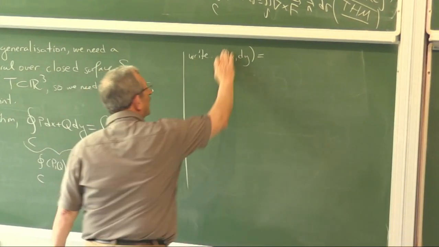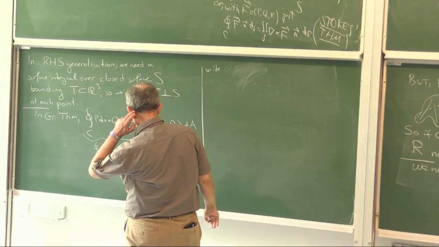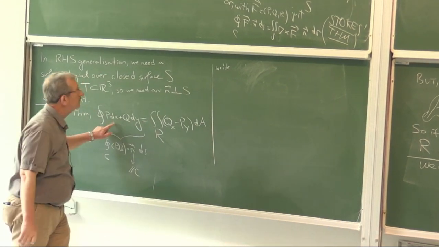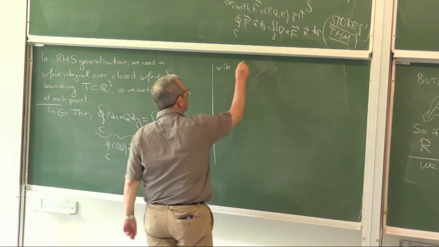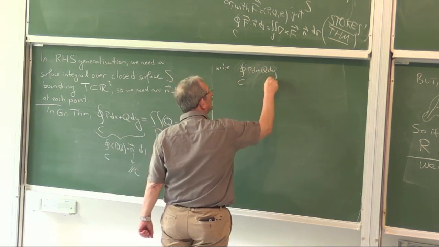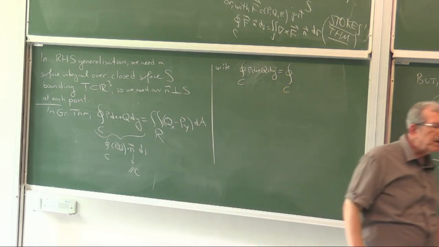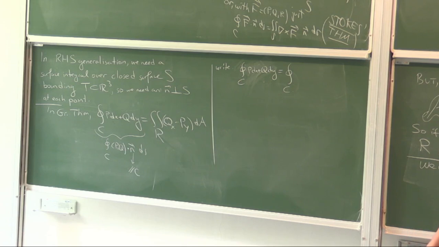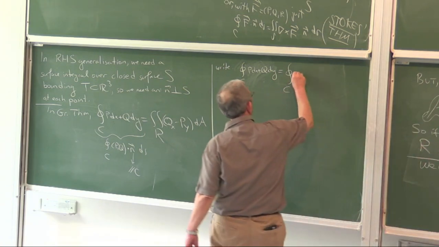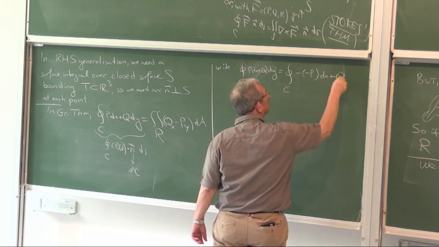Write the left-hand side, P dx plus Q dy, as minus P dx plus Q dy.